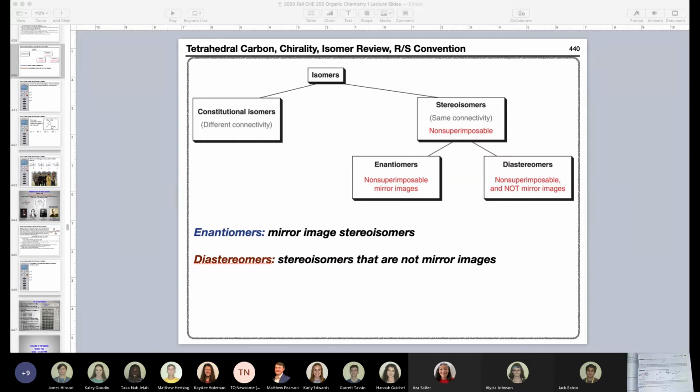So James asks, is it not C2 because it has 2 methyl groups attached? That is correct. If you're looking at carbon 2, you have methyl, methyl. Those are the same, and therefore that is not a chirality center.